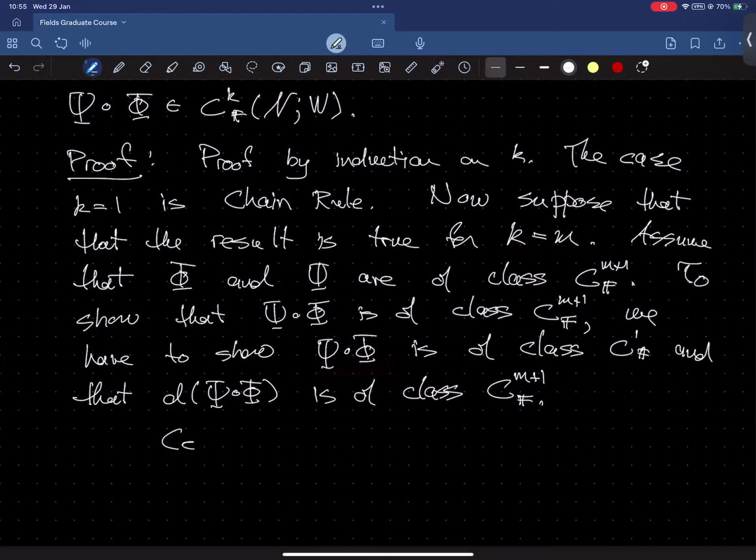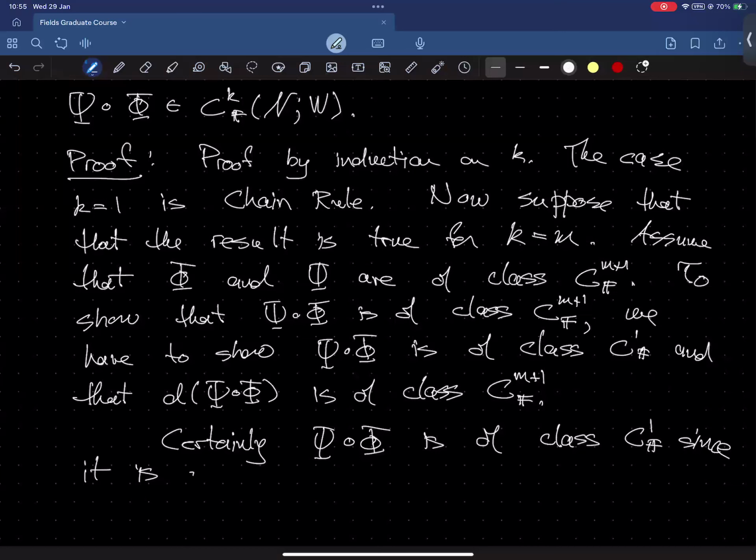Okay, so certainly psi composed with phi is of class C1, since it is assumed to be of class C m plus 1.